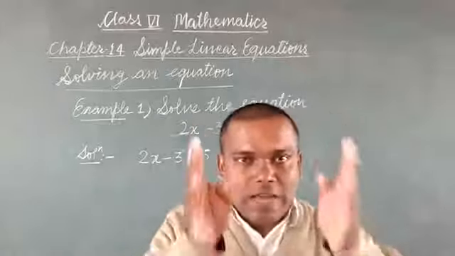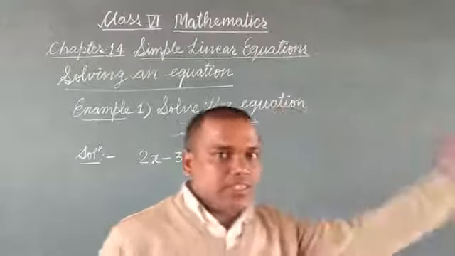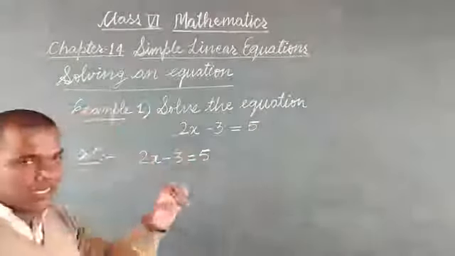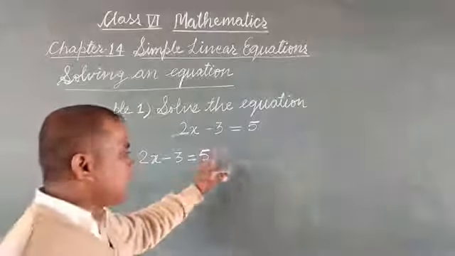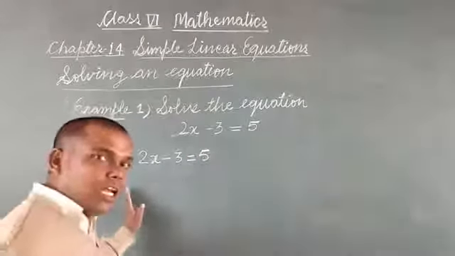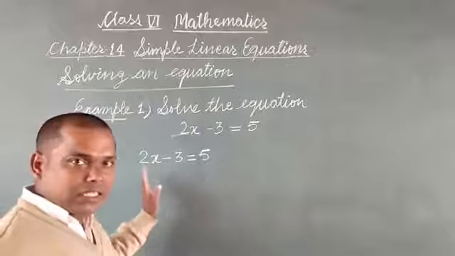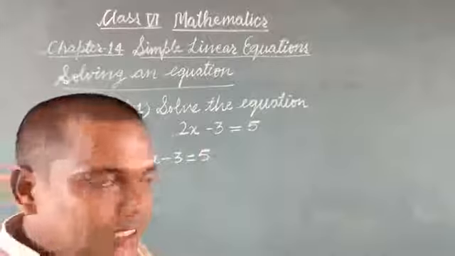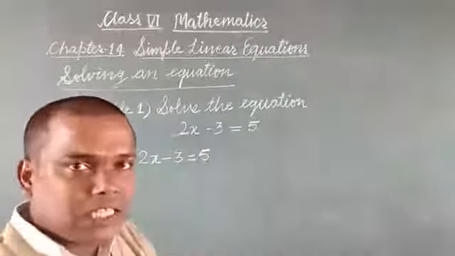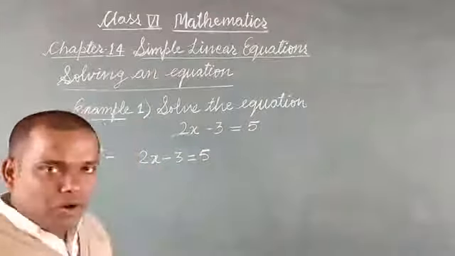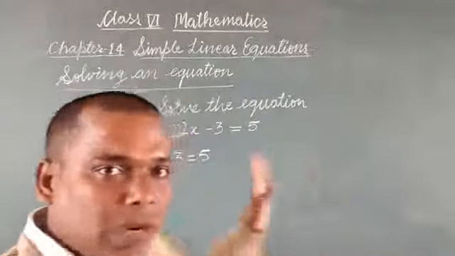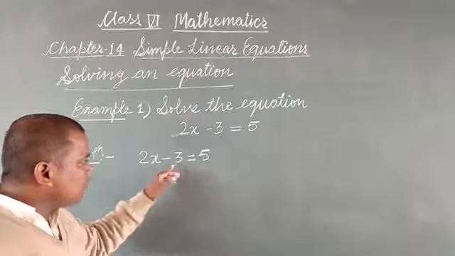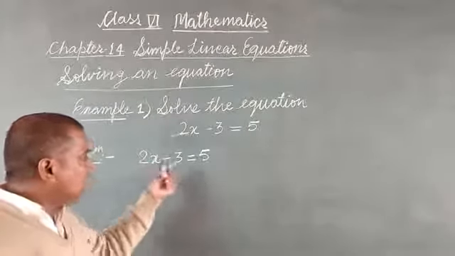Means the variable, whether it is written on the left side or right side, we always keep in mind we have to keep the variable on the left side by applying the four properties: addition, subtraction, multiplication and division. But in this case, by default we have the variable on the left side. Now the terms on the left side we have to remove.